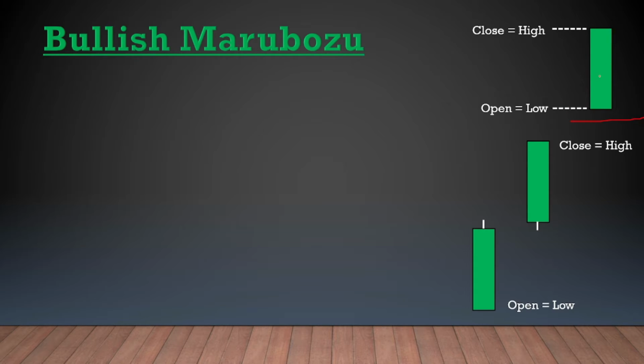Friends, it is controlled only by buyers, as there is no sellers' involvement during the trading session. Now let us understand the second candle, which is a close type Marubozu candle. If we analyze here, it has a smaller lower shadow, friends.